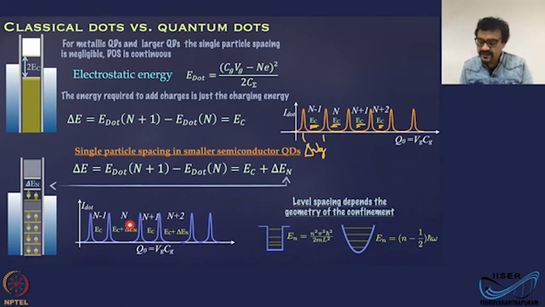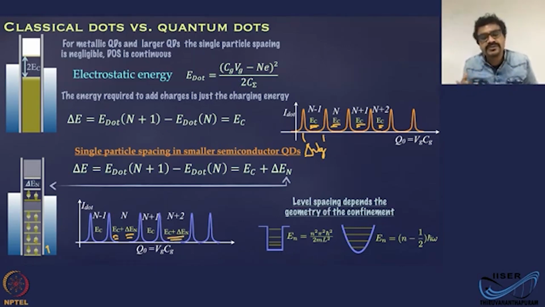Now the next electron will take the charging energy and also the level spacing. It needs to go to the next level here. And the next electron will occupy the same level because it is going to be anti-parallel to the existing electron, because those are spin degenerate states. But the next one will again take Ec plus delta En.